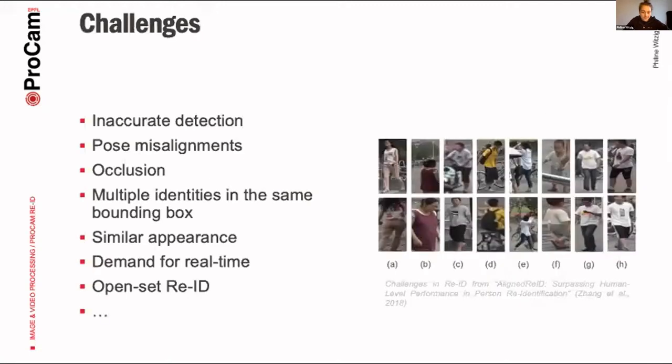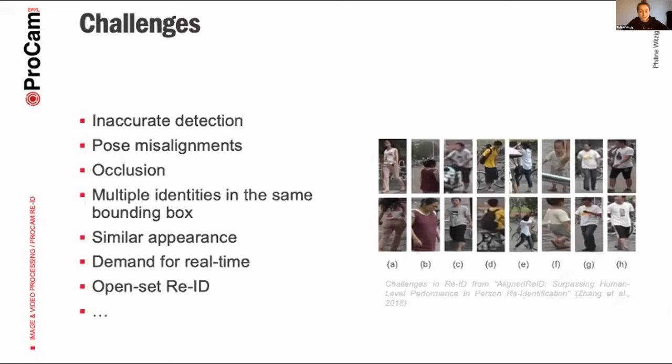So, this task seems to be quite simple for us humans, but it is very challenging for the computer for multiple reasons. So first of all, before we can actually do this matching task, which I just described, we have to detect people in the images. So we need some person detector, which quite often produces faulty detection bounding boxes, as you can see in A and B. The other thing is that people might have pose misalignments, non-rigid body deformations, which vary from the reference image.